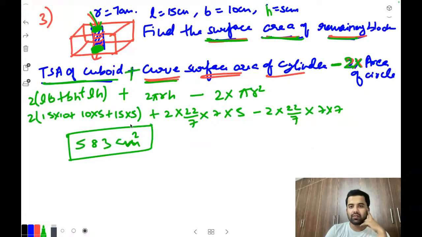Only deleting the area of the circle is not enough now. What about the inside space? Whoever asked this doubt in the last, what about the inside space?